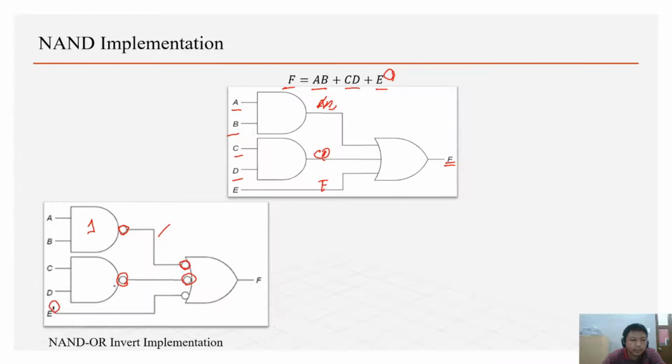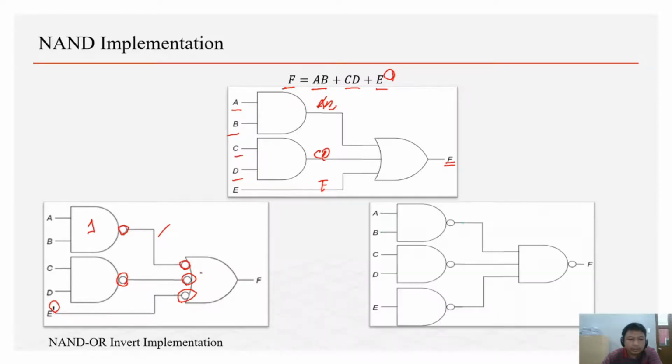And now you can see, since E is just a single input and E here does not have a bubble or an inverter, what we need to do is to place a prime here and then a bubble here. Take note, giving a bubble in the same line will just cancel each other. This is what we call the double negation.